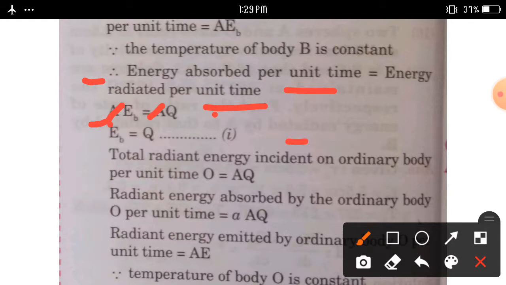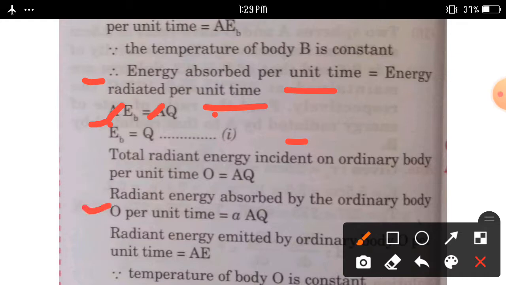The total radiated energy incident on the ordinary body per unit time is AQ.